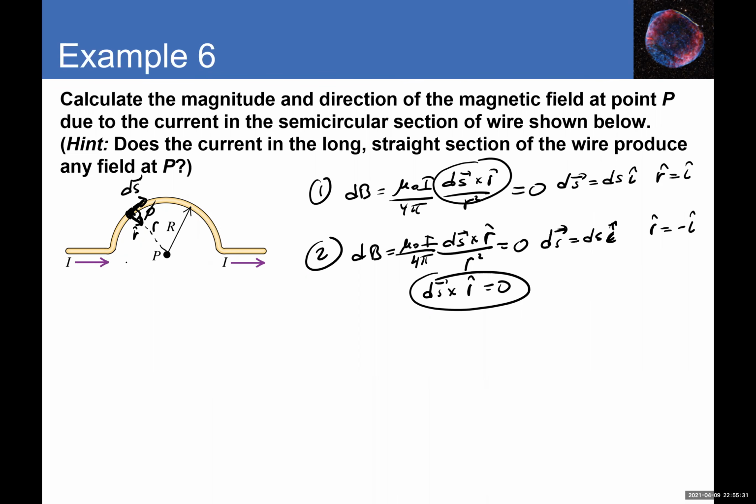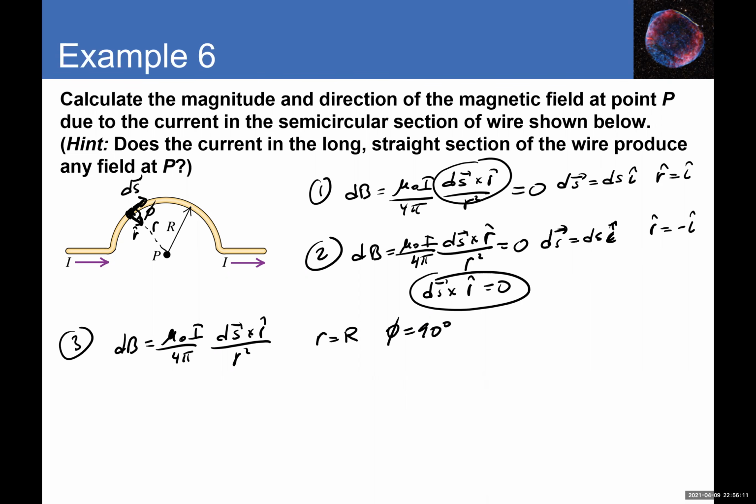That means for segment 3, the semicircular portion, I have dB equal to mu naught I over 4 pi, ds cross r hat over r squared. For this, r is equal to the radius, so the distance from the element to the point P is just the radius, and phi is equal to 90 degrees.